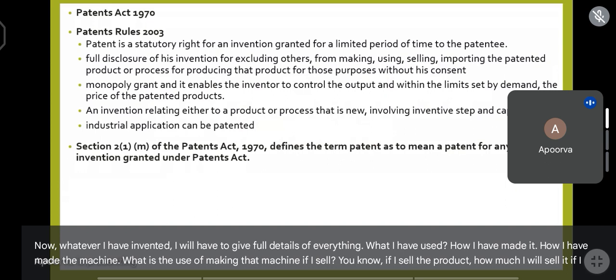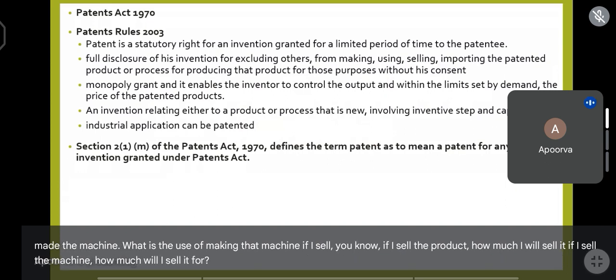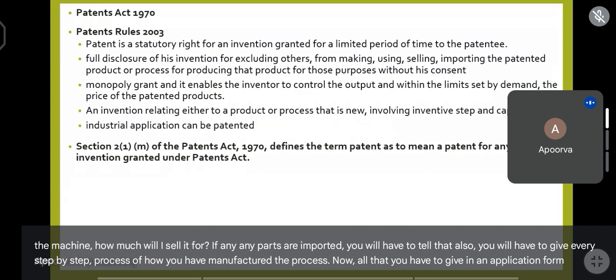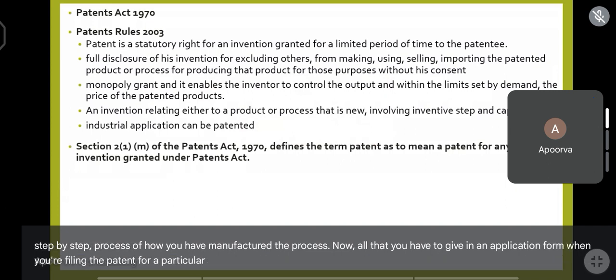If I sell the machine, how much will I sell it for. If any parts are imported, you will have to tell that also. You will have to give the step by step process of how you have manufactured it. All that you have to give in an application form when you're filing the patent for a particular product. Now, for a patent, you have the monopoly granted.